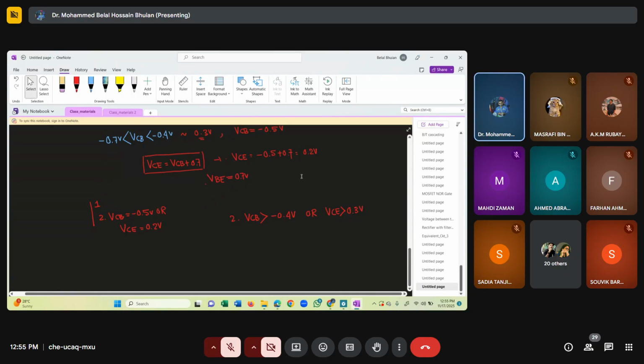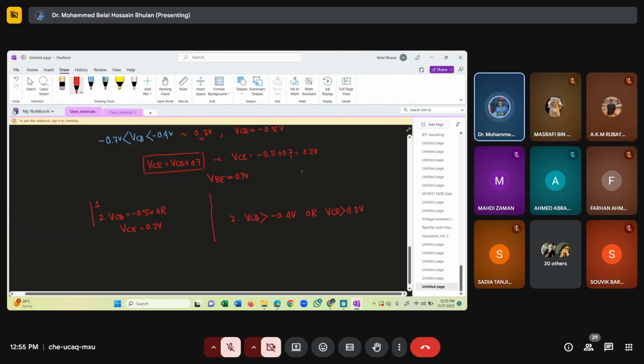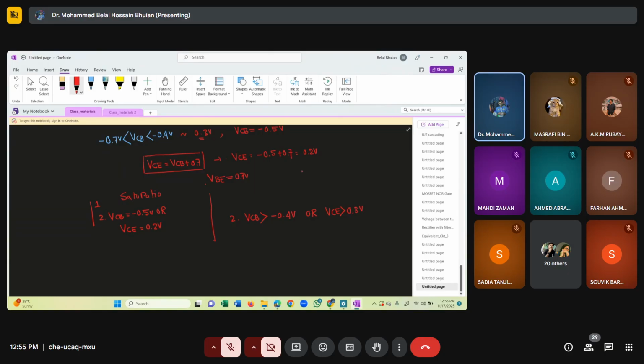At least this is common: VBE equal to 0.7 volt. Then for saturation region, and for active region, notice the difference. For saturation region, VCB and VCE both of them are fixed values.